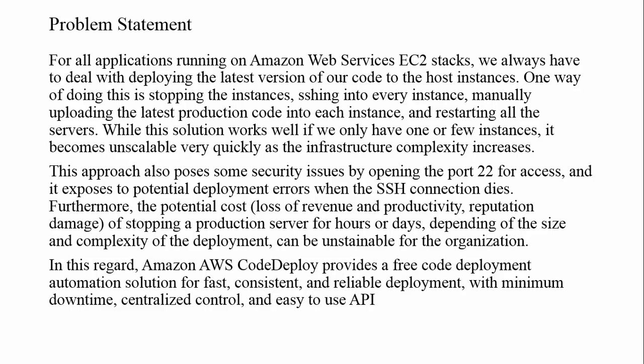Second is security. When we open port 22 for deployment, we also open the door to hackers. And third is the cost of downtime, since we have to stop the server for manual deployment.